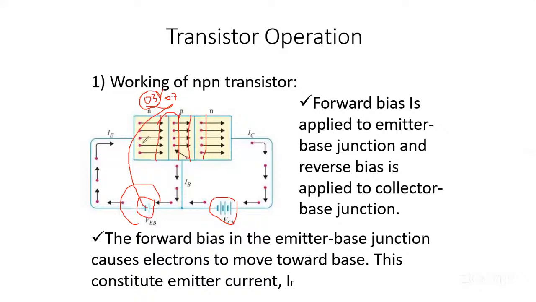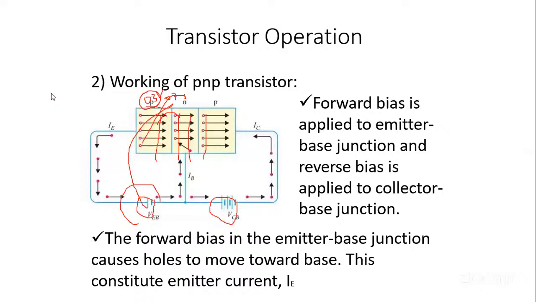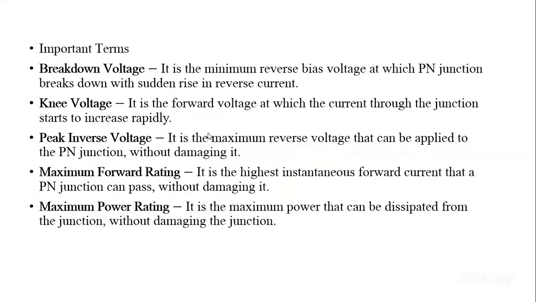If it is silicon, it will go above 0.7 before charges will begin to flow across. So the voltage at which this happens is what we call knee voltage.